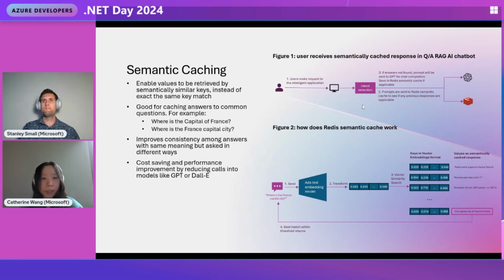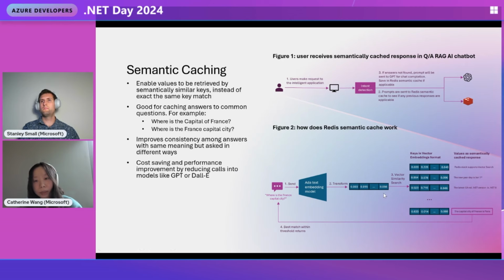What we want to do is to store responses to this type of question. And how we find or retrieve the value is through making the key of the cache entry a vector embedding, and we search to find the entry with a key similar in meaning, as we translate everything into vector embeddings. In OpenAI, the Ada text embedding model can do that for you.